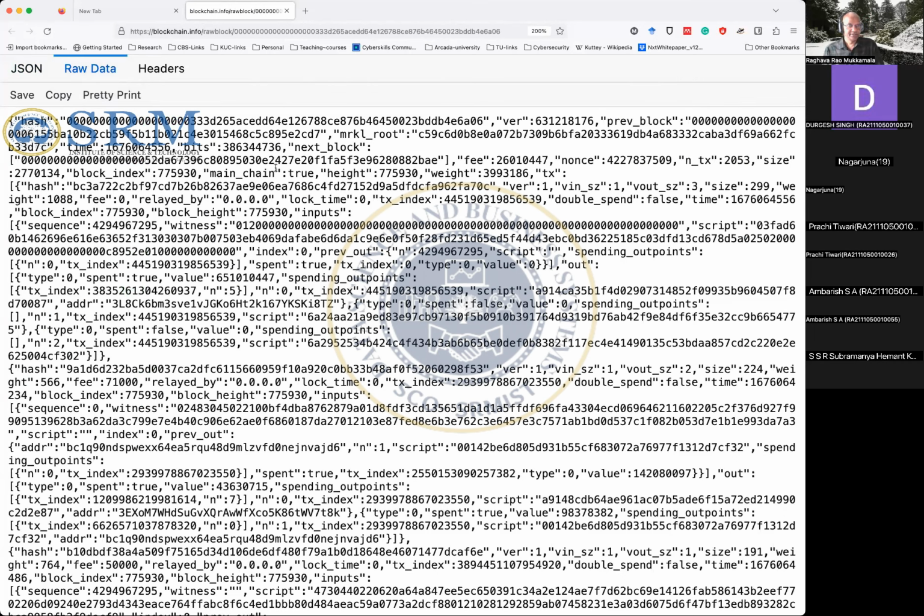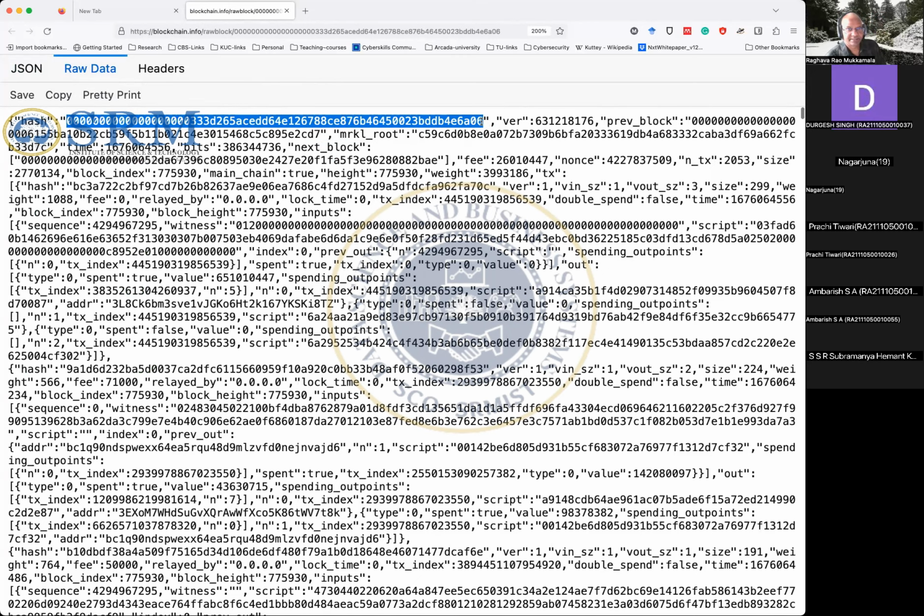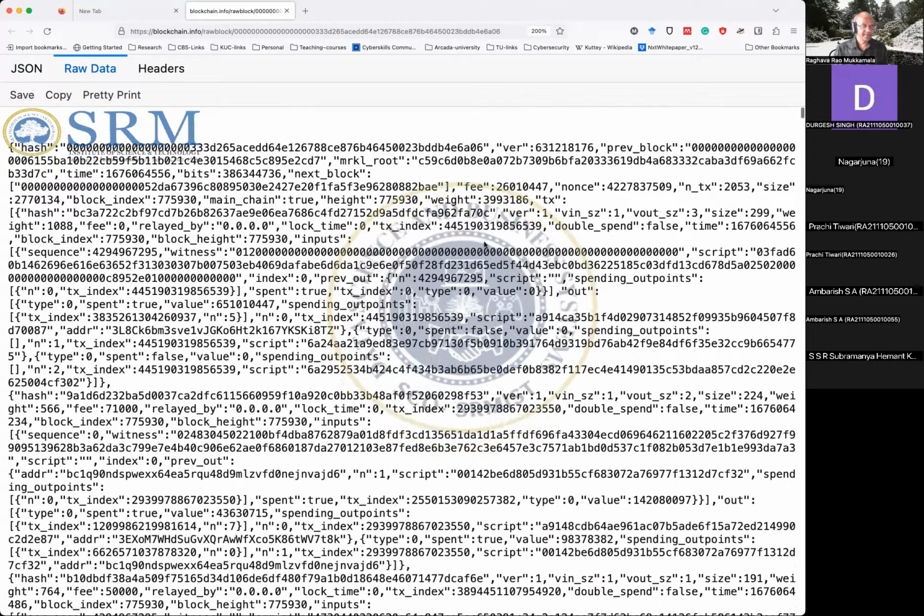Most of the things are in the hexadecimal format, right? The hash value in the hexadecimal format, you can see here A, B. You people know what is hexadecimal, right? Basically, we encode the characters using hexadecimal format. So this is how hexadecimal format looks, and then you have some reference and other kinds of things.